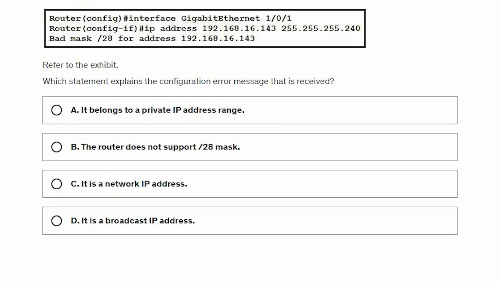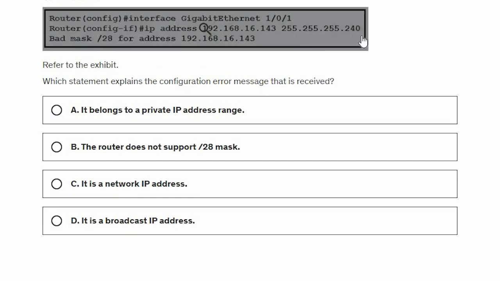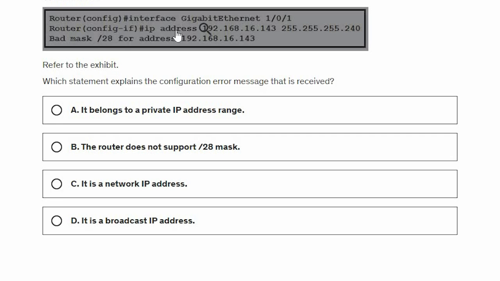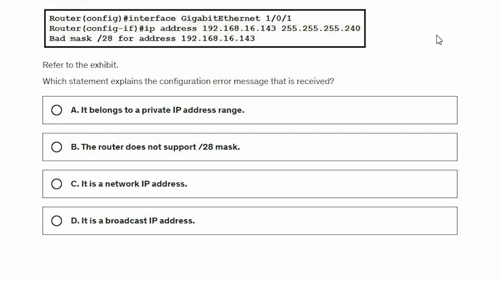Question number 3. We have a scenario here. Router config, interface GigabitEthernet 1/0/1. Router config-if, ip address 192.168.16.143, 255.255.255.240.